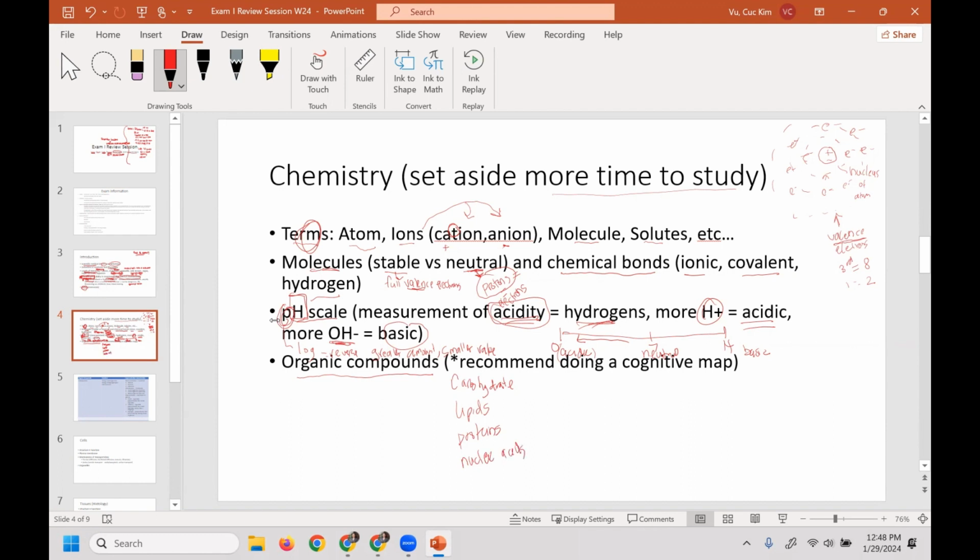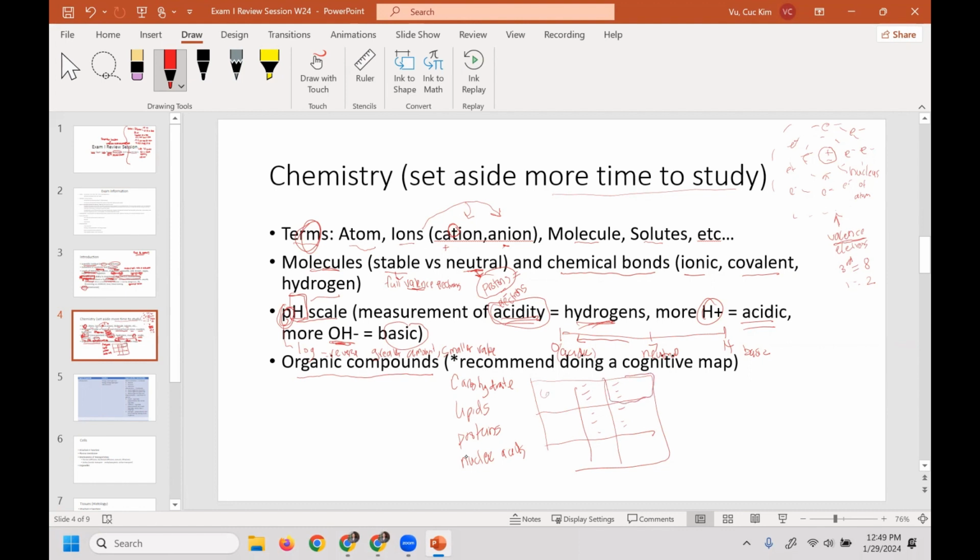If you remember, you had to do that cognitive map. That's so useful. The reason is that rather than memorizing paragraphs by paragraphs about all of these, the cognitive map puts the information into boxes, and it's easier for us to study as well as pull out during the exam from our memory when it's categorized like this.